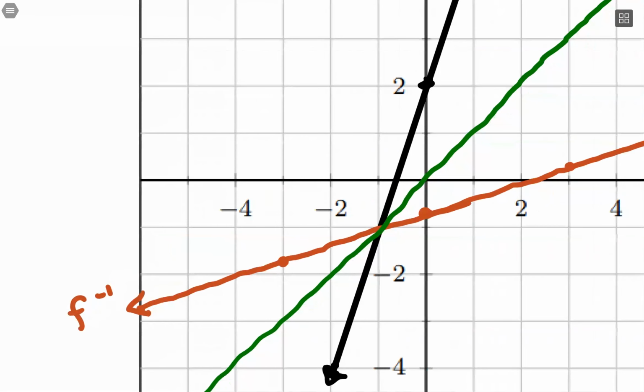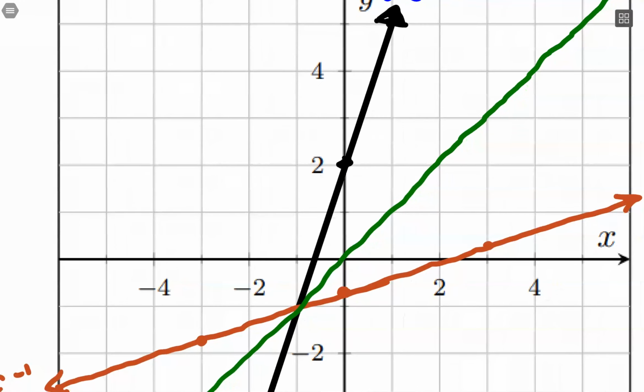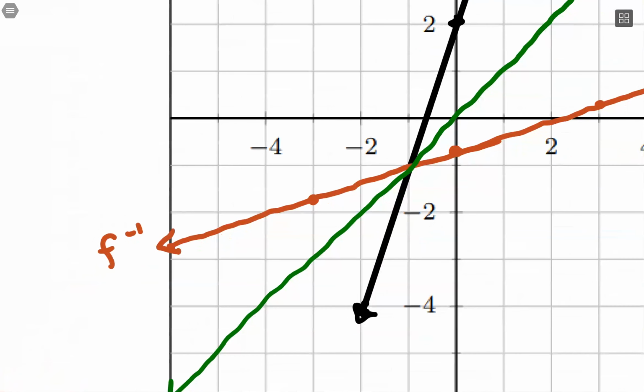But let's also look at 0, 2. What I can do is imagine this diagonal reflection. So it's like I go diagonally to my line y equals x, and then if I reflect diagonally, there's the coordinate for my inverse function. Similarly, let's see if we can find another good point. Similarly here, except I'm going to start with my f of x function.